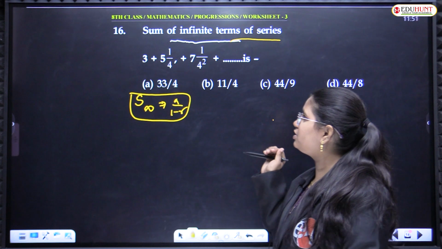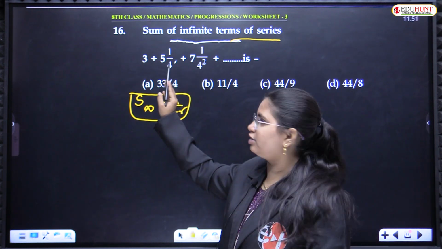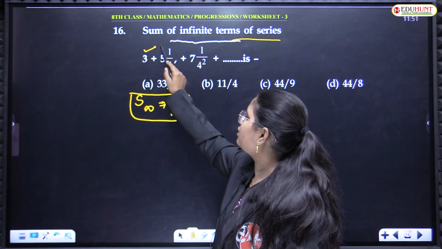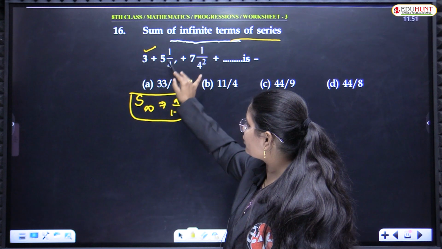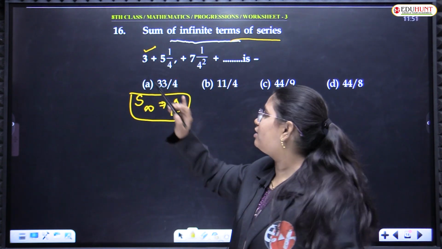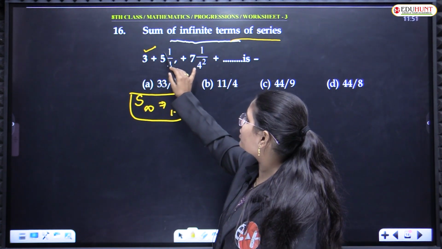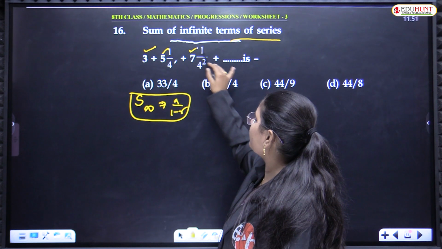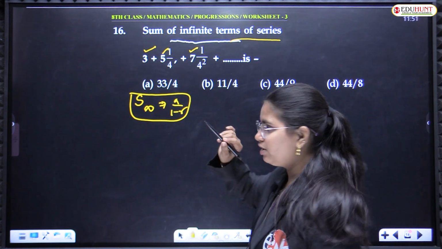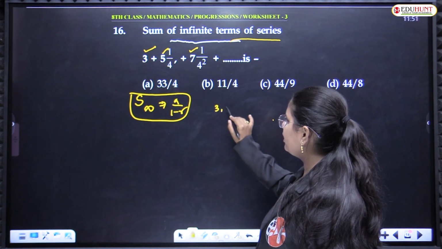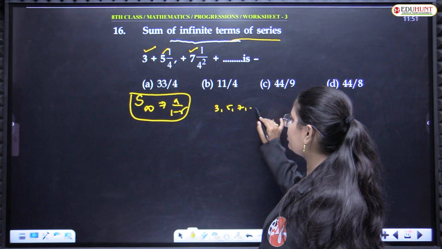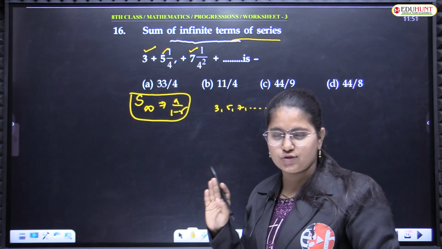If you observe the problem, the first term is 3, and the second term is a mixed fraction. The whole parts of the mixed fractions are 5, 7, 9 and so on. If you observe the whole parts, it is like 3, 5, 7 and so on. Correct? Yes or no?